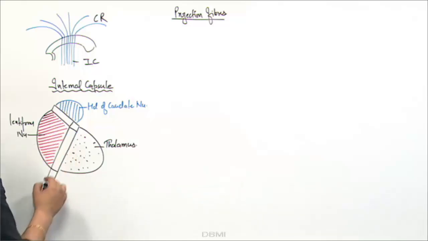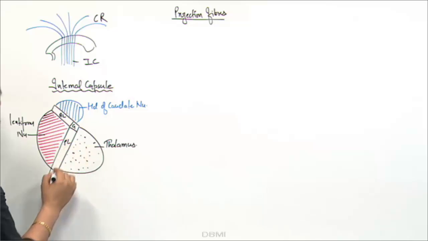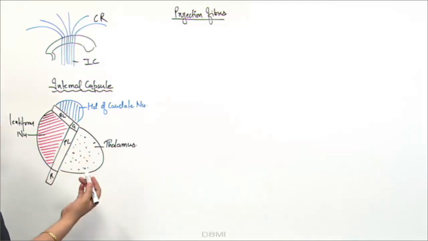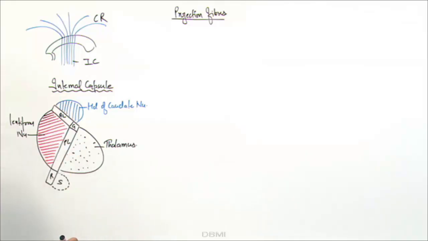So the parts of internal capsule, this is anterior limb here, that is genu, this is posterior limb, this is retrolentiform part, and the one portion which we can't see, we are just drawing it for the sake of reference, that is called sublentiform part. Let's say this is sublentiform part, somewhere below the lentiform nucleus.